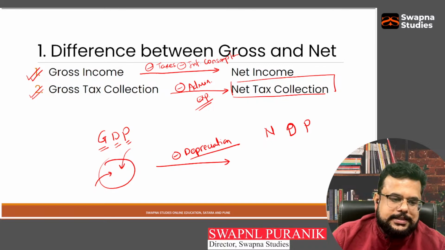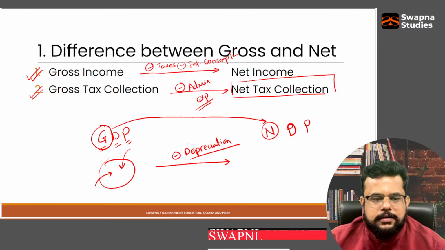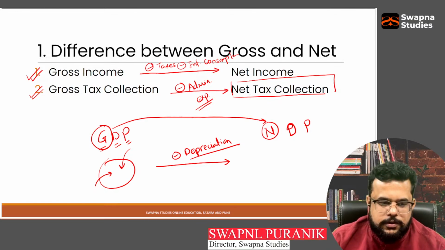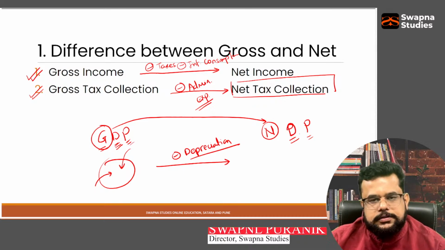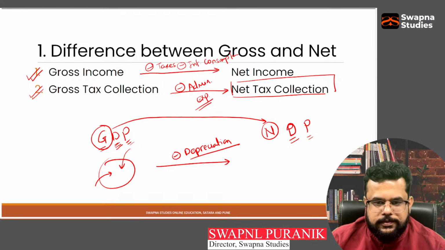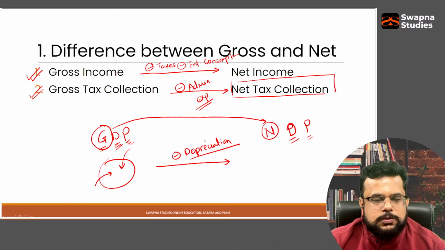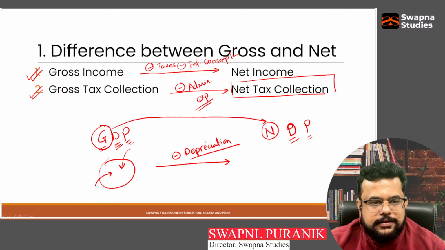So what changes? Gross changes to net. Otherwise there is no change. Domestic remains domestic and product remains product. Only the difference is depreciation. I hope you are getting all the concepts clearly. Let's proceed further and discuss the next topics.